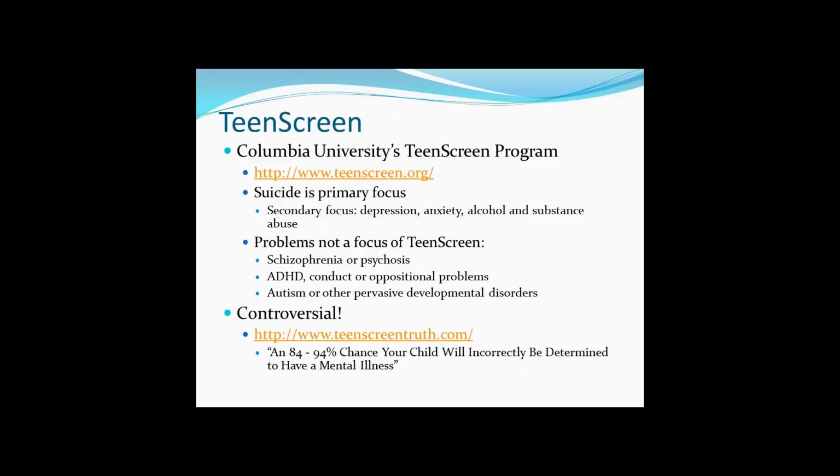Something like TeenScreen, which there's quite a bit of controversy around, is not something you necessarily want to be the backbone of an argument to your administration, data gathered to get further funding, because if there's any controversy around it or its validity, it's not going to make a good argument for your case.